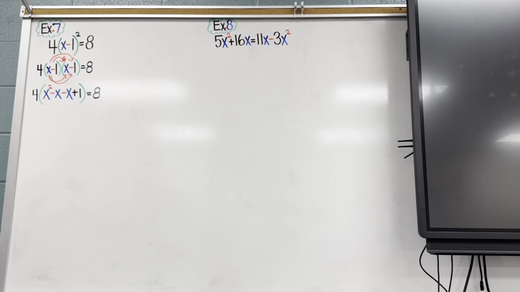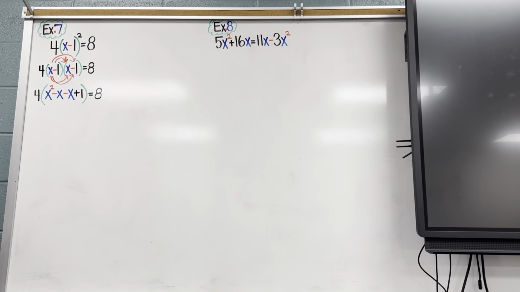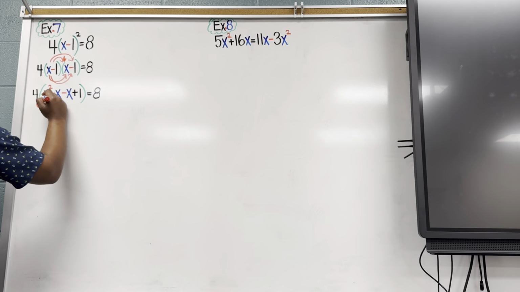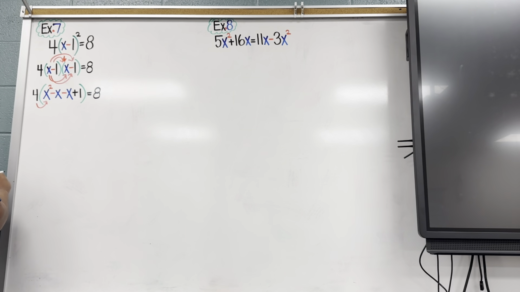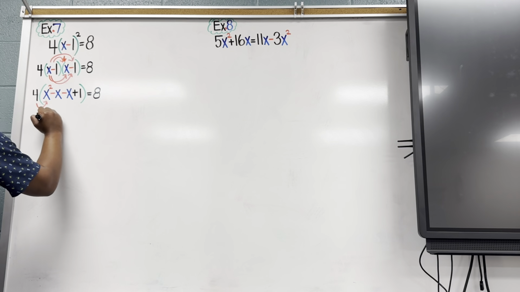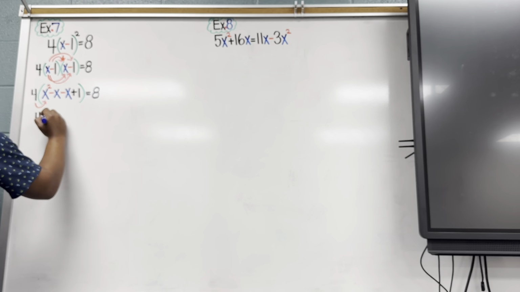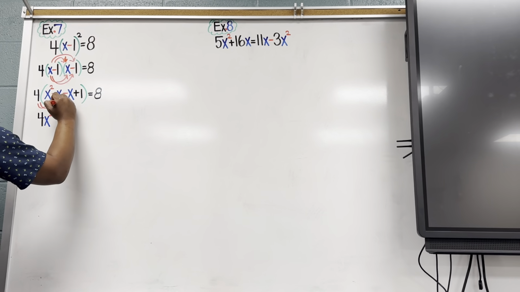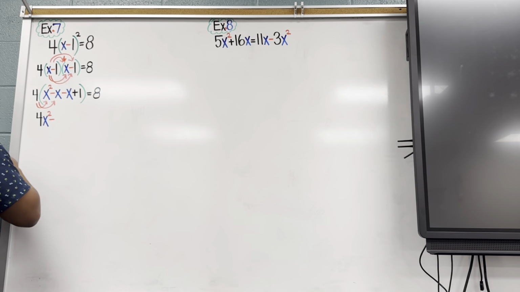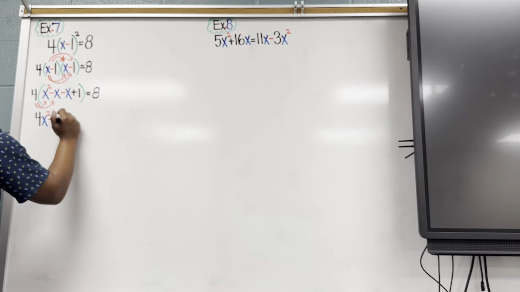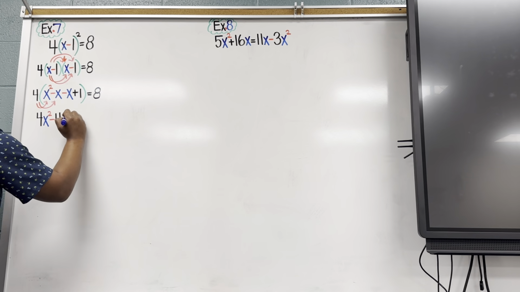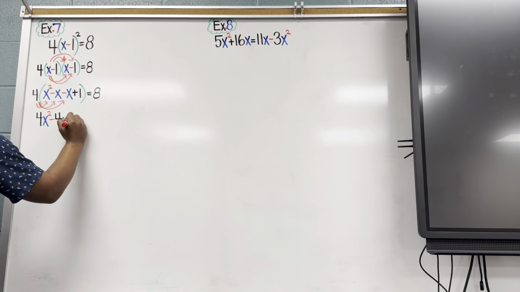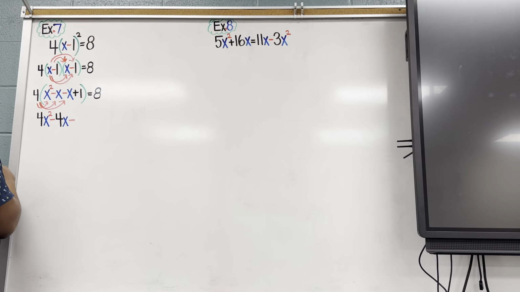Now we already factored out, so we actually need to distribute. Let's start. 4 times x squared is 4x squared. 4 times negative x is negative 4x. 4 times negative x again is a negative 4x, so minus 4x again.